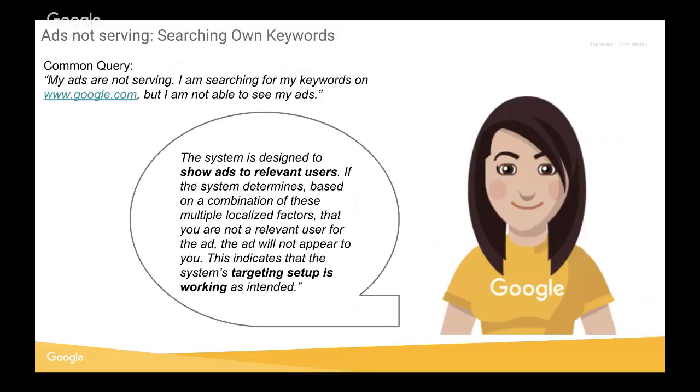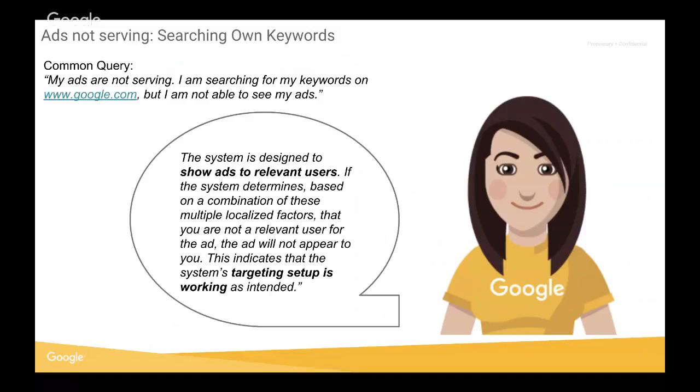In most cases, the way I see it, if you are not the likely person who would be a potential customer for that ad, you not being able to see the ad is actually the system working as intended. Therefore, we highly discourage searching for your own keywords.